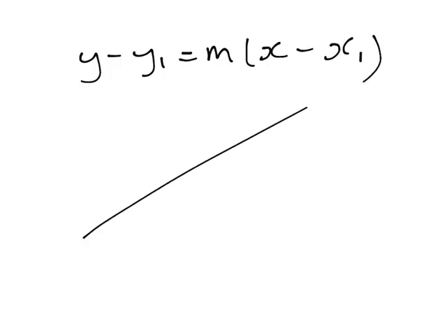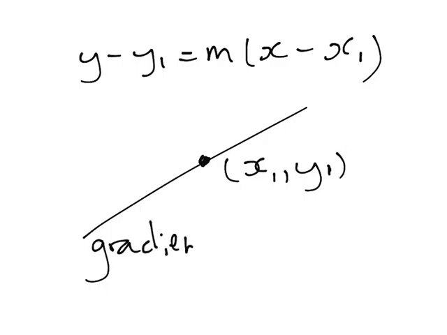Basically, we've got a point x1, y1, and the gradient m. If we know these values, we replace them in here. We replace that value in there, we replace that value in there, and the gradient goes in here. So let's look at a couple of examples.